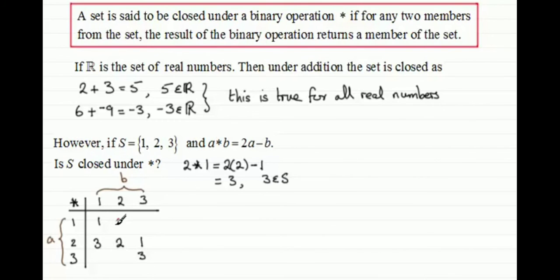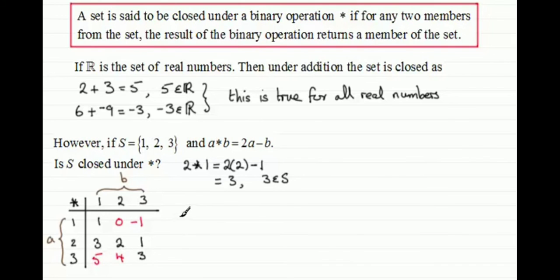Instead of a and b, if you substitute, the answer is 0. 1 star 3. The answer is 2 minus 3 is minus 1. 3 star 1. 6 minus 1 is 5. 3 star 2 is 4.